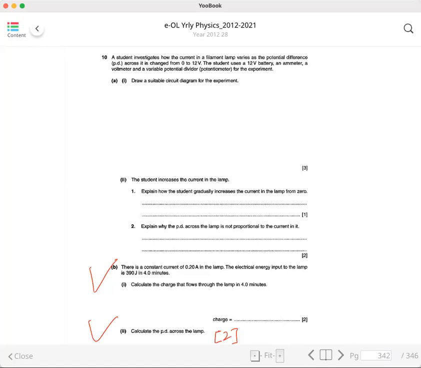Okay, I'm still waiting for Hao Rui, Bei Kuan, Qiao Xing, and Yu Ting. What's your answer for this?